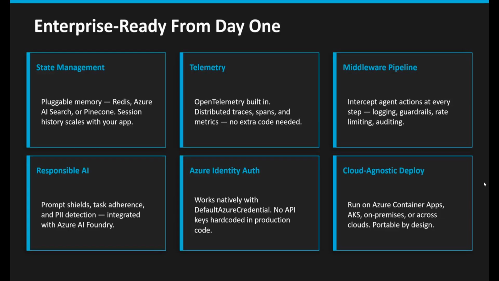And when it comes to identity and security, it works natively with DefaultAzureCredential. That means no more hard-coded API keys in your production code. You just use managed identities. That's the professional and standard way, because we don't need to have any API keys within us.